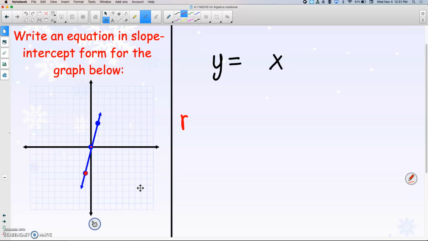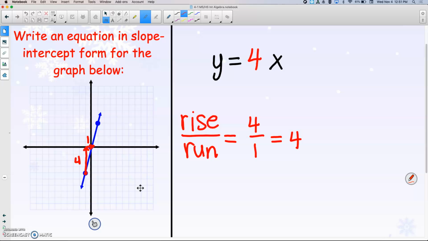So remember, it's rise over run, and you're going left to right. So I could start at either of those 2 points because there were 3. So I start here, I go up 1, 2, 3, 4, and then I go over 1. Up 4, over 1. So 4 divided by 1 is 4.